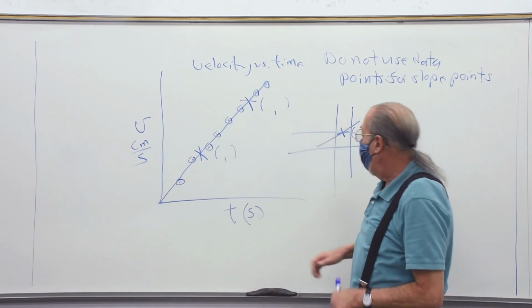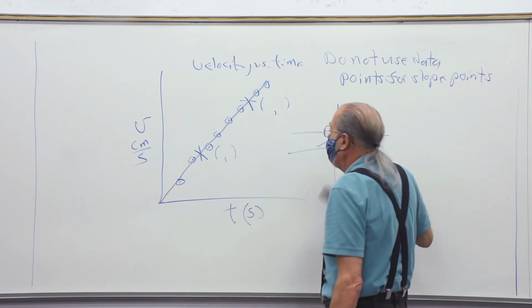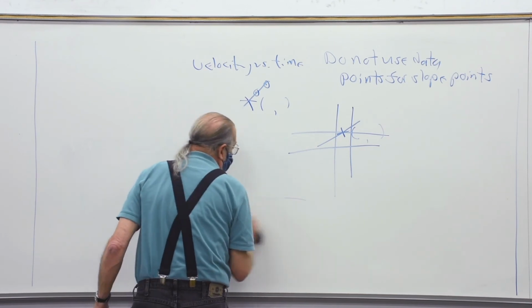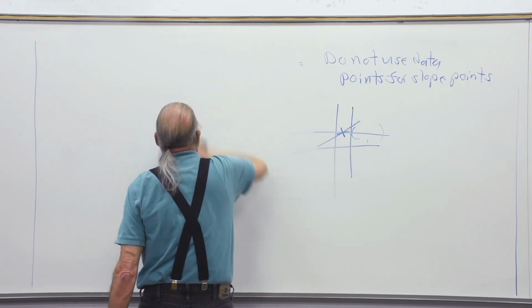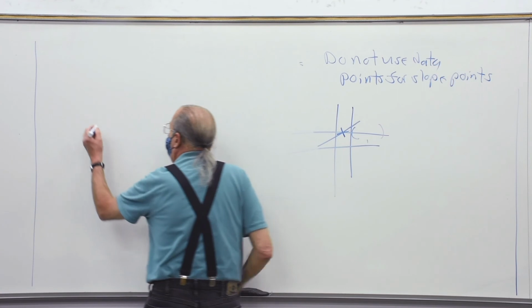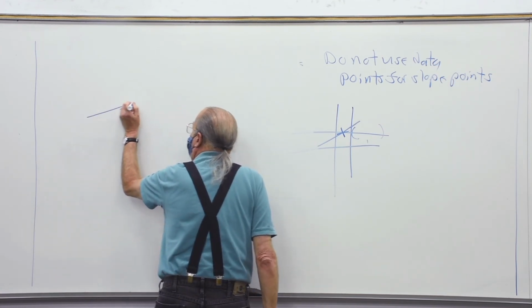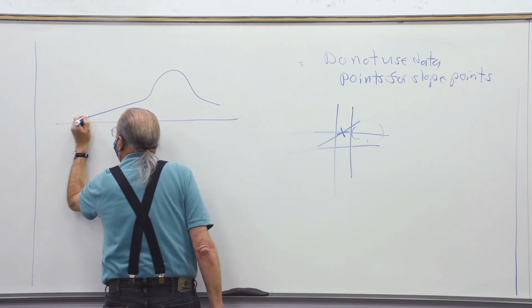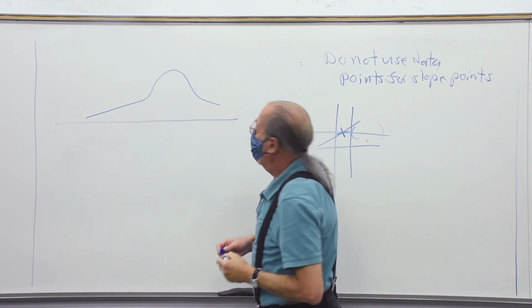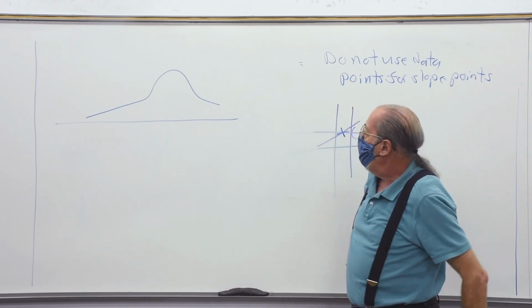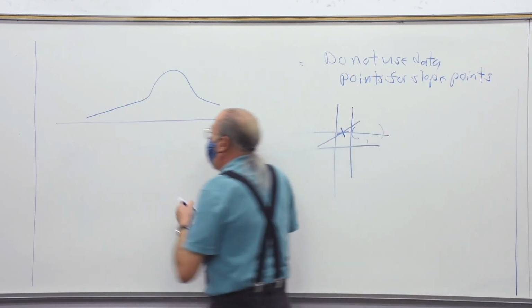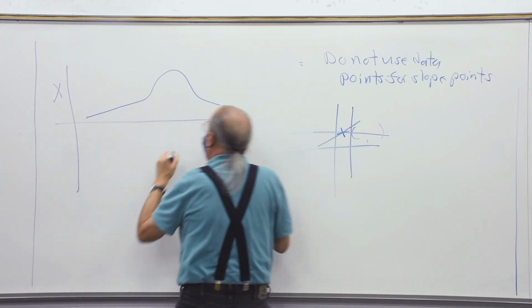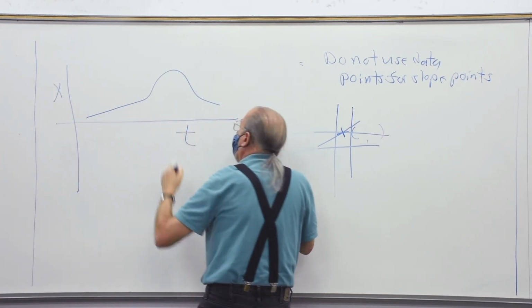Also, since I'm talking about graphs, one of the homework problems, 2-58, I can talk about it now, was a graph that looked like this. I think it was number 58. And the question was, we have to be careful here, this is position and this is time.